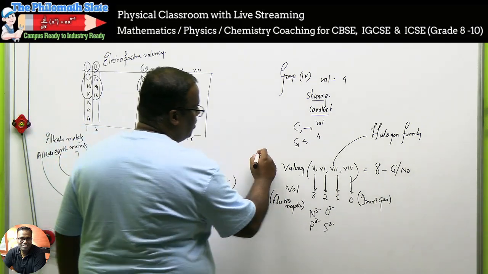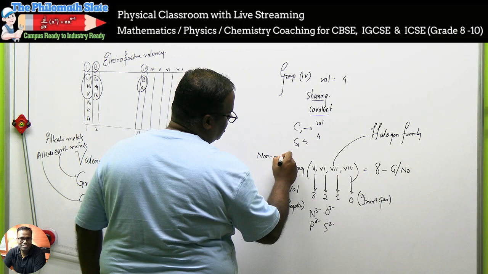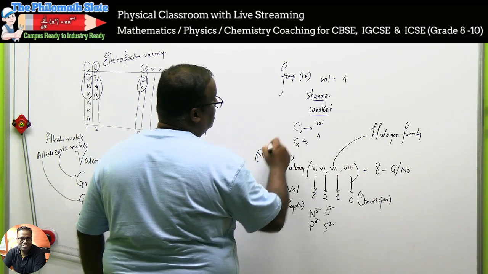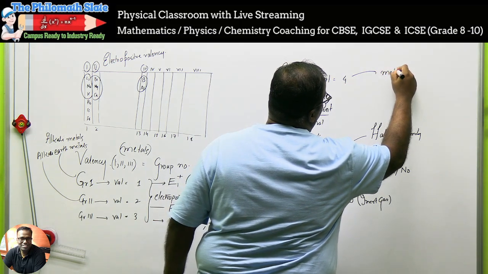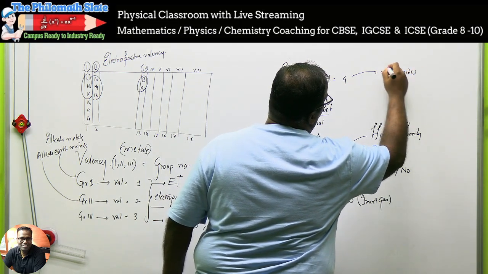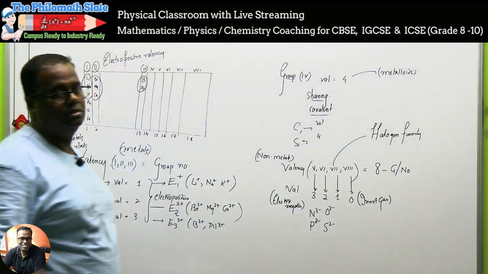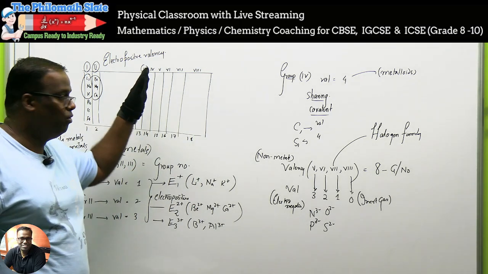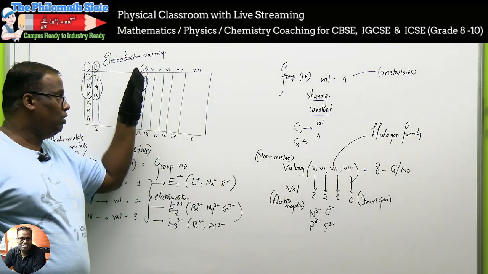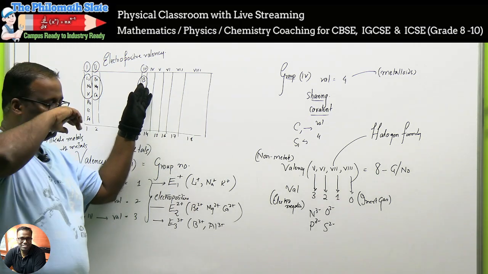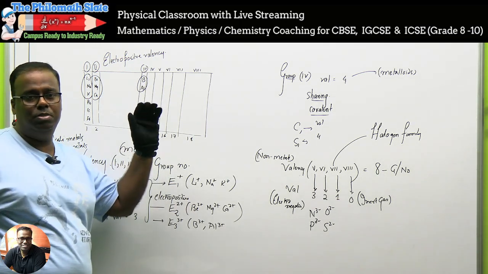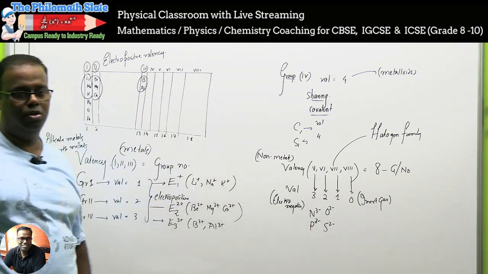All these will be my non-metals. However, these are very dangerous people. These will form usually metalloids, neither on this side nor on that side. Metalloids will slowly make a staircase as you go to higher classes. You will find silicon, phosphorus, germanium. These are all metalloids, neither metal nor non-metal.